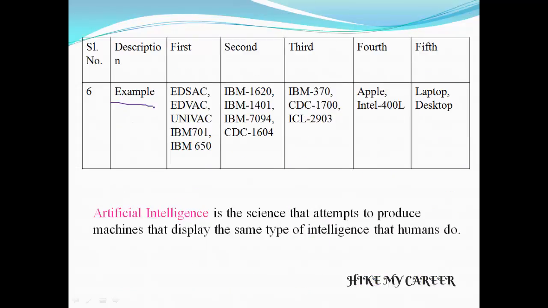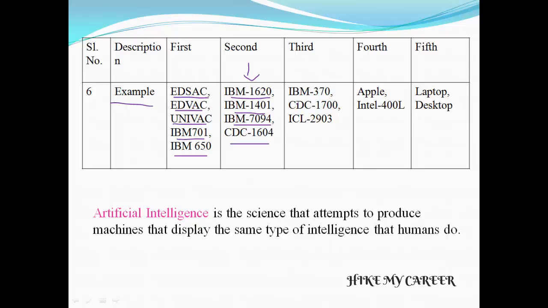Next, examples. For first generation: EDSAC, EDVAC, UNIVAC, IBM 701, IBM 650. Second generation: IBM 1620, IBM 1401, IBM 7094, CDC 1604.